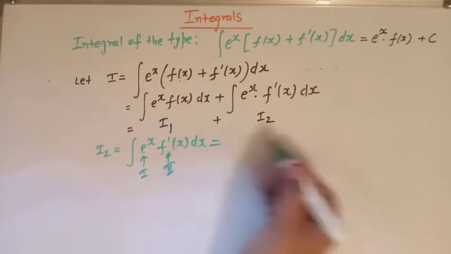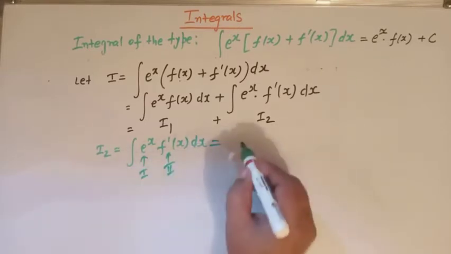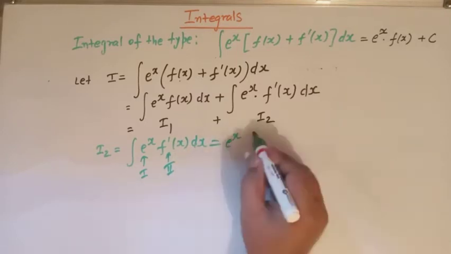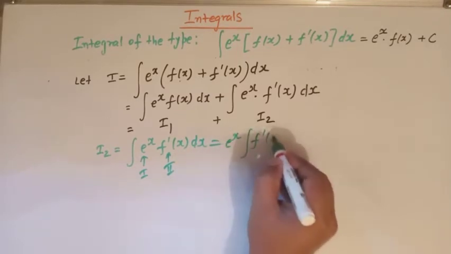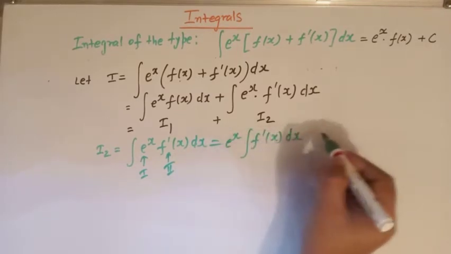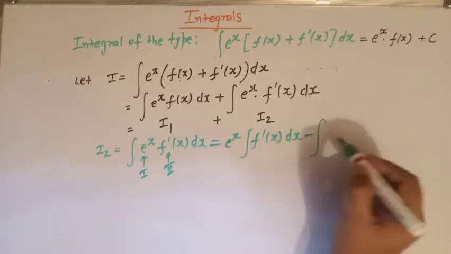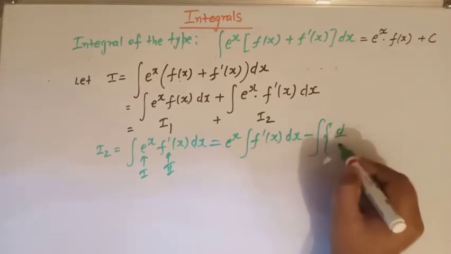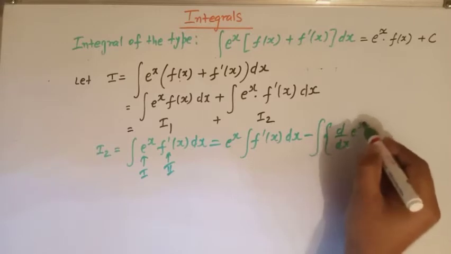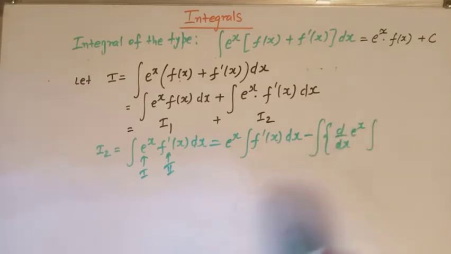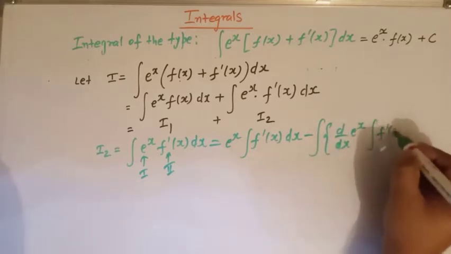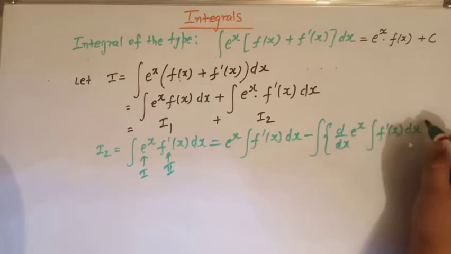Clear? And let us apply integration by parts. So we have e raised to x times the integral of f prime of x dx, minus the integral of the derivative of e raised to x times the integral of f prime of x dx.